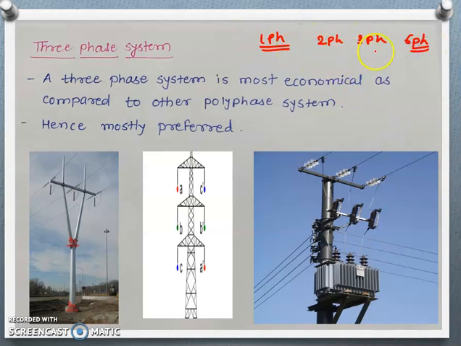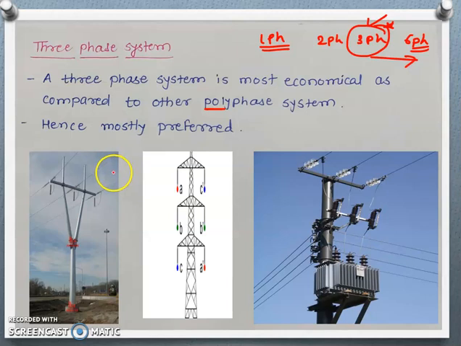But among all these, the three-phase supply is the most economical compared to all other polyphase systems. Because poly means many phases. As the phases increase, the complexity of the network will increase. So due to this, the three-phase system is the most economical compared to other polyphase systems, and we mostly prefer the three-phase system.